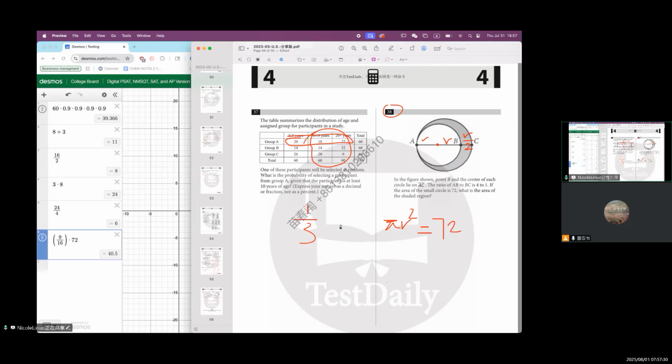And in the test, don't prove it. Just remember it's the same arc. But in reality, for the beauty of math, you should know how to prove it. But in the test, we don't prove it, okay?